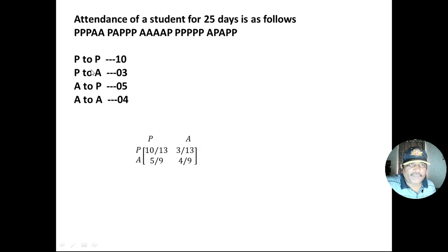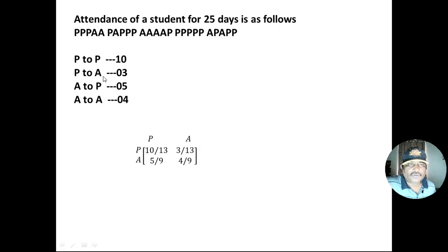So from P to either P or A, there are 13 transitions, and from A to P or A, there are 9 transitions in total.